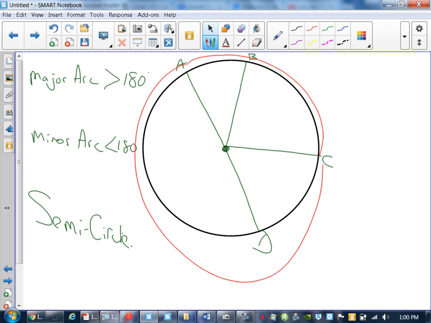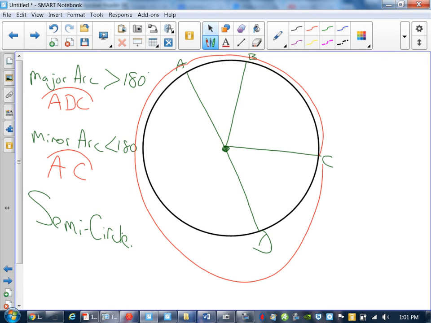This way. It's always going to be the shortest distance. So minor arcs generally are 2 letters. Major arcs would be usually 3 letters. Now, it's not to say that it might not be otherwise, but more often than not, using 2 and 3 letters helps with that.